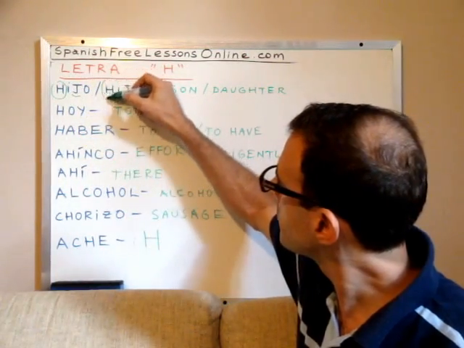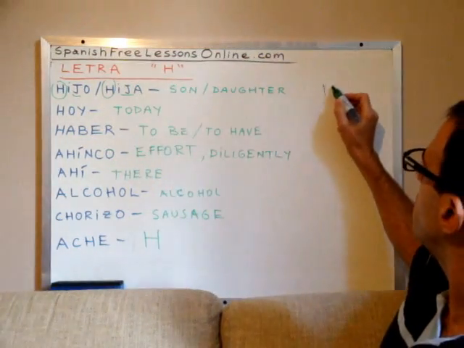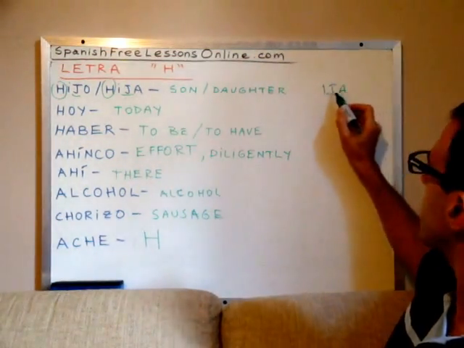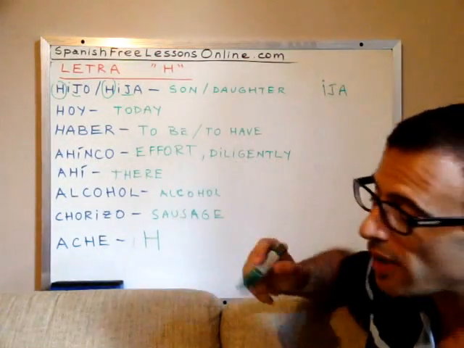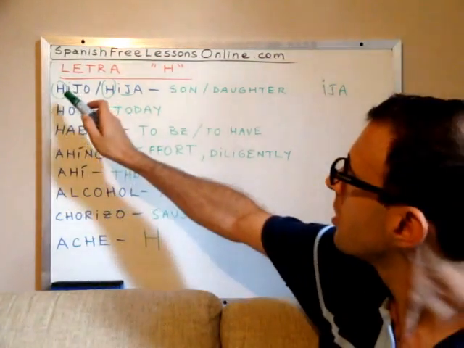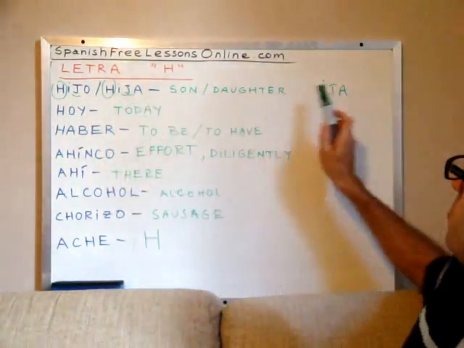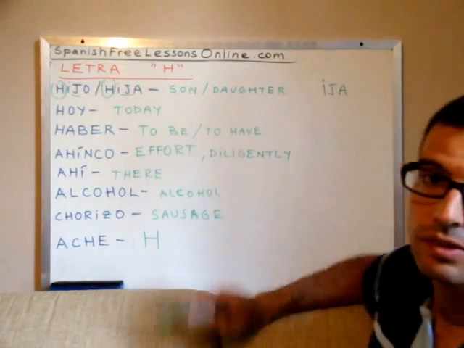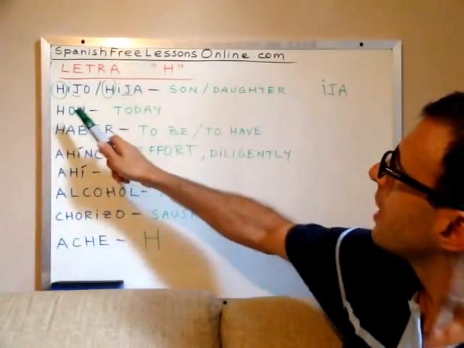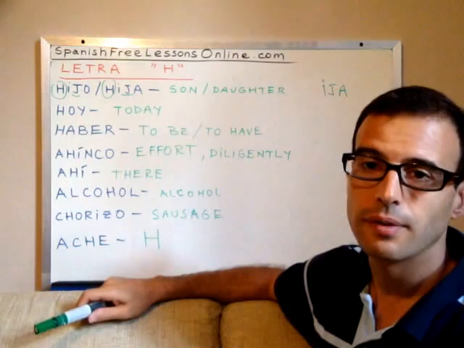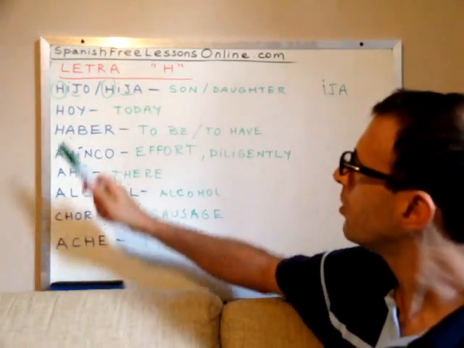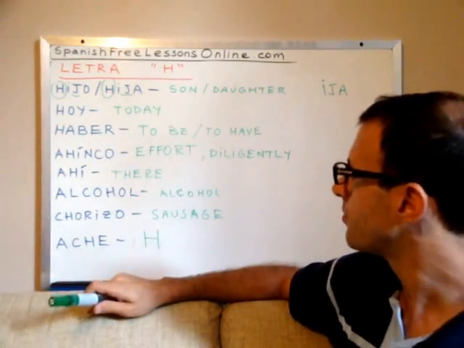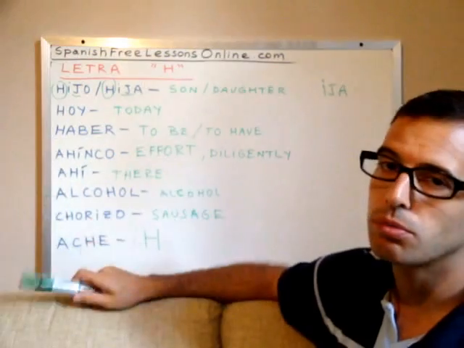Okay? We do not spell it like this. This would be wrong. However, the pronunciation of hijo and hija would be exactly like this. Hoy for today. Hoy. Also mute H. Here the H is also mute.